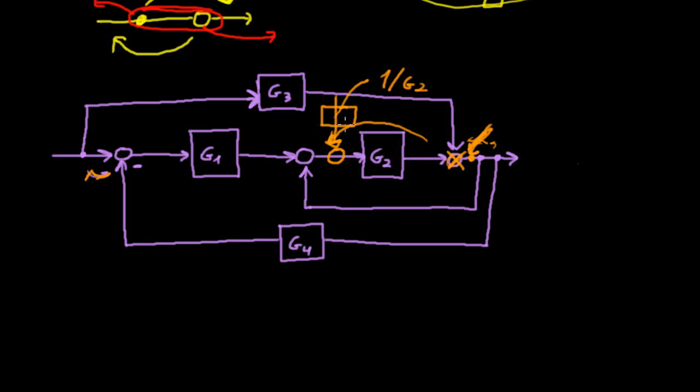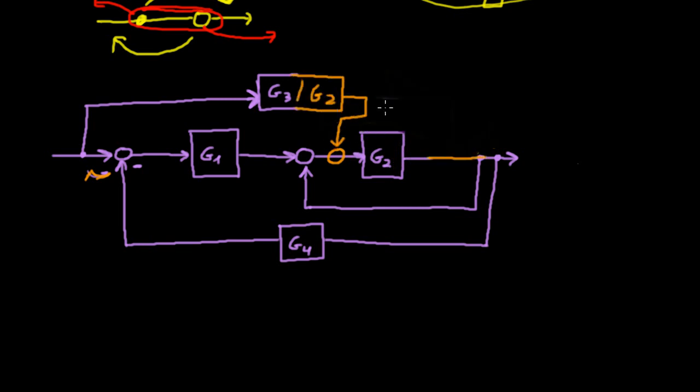So let me redraw this nicely. There it goes. I've joined the two transfer functions here. Well, now we can apply here the commutativity of these 2 points. We can switch them.